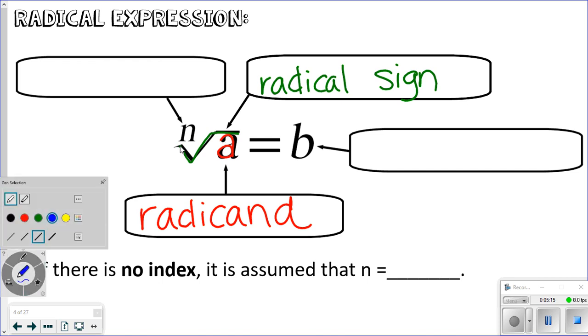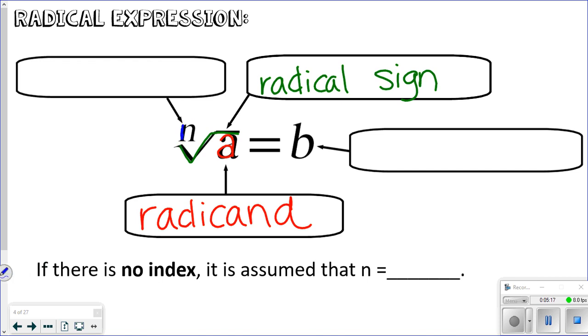The n is our root index. And if there is no root index listed, we just always assume that it equals 2, that n equals 2.